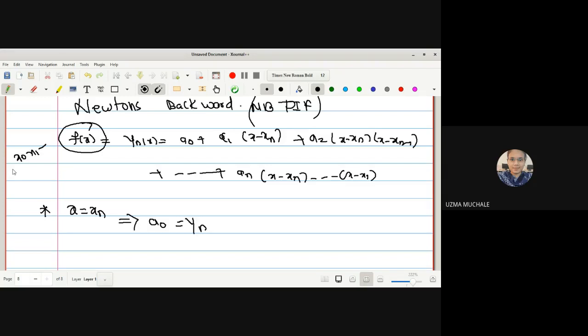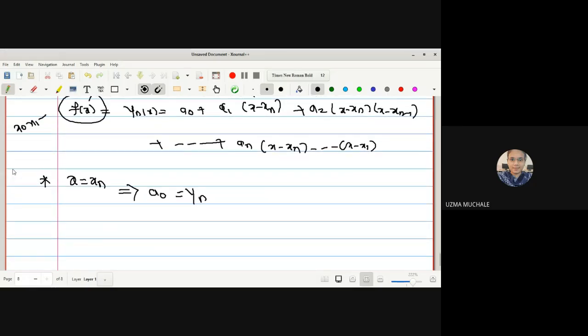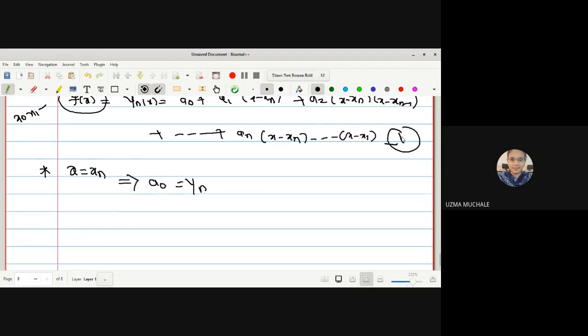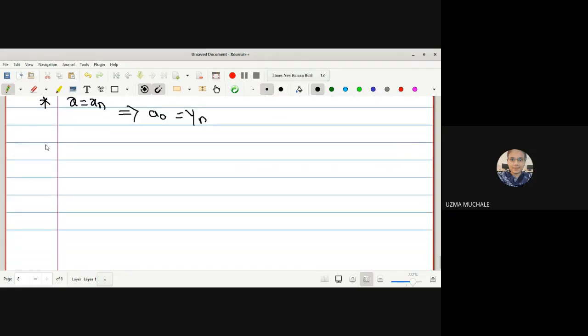Tell me, what will a1 be? Put x is equal to xn minus 1 in this equation. You can name it as equation 1. Put x is equal to xn minus 1. Wherever there is x, put xn minus 1.